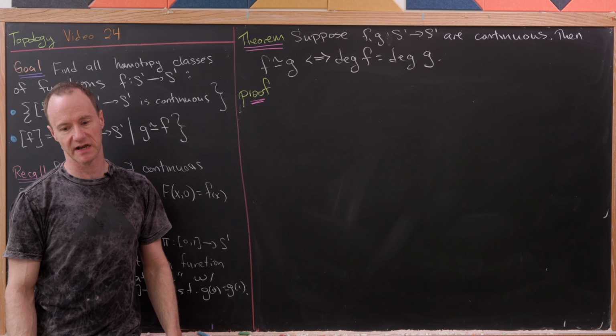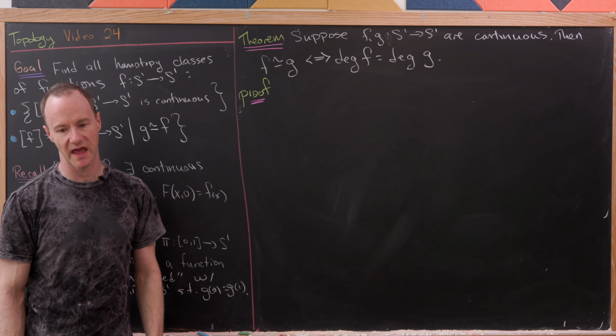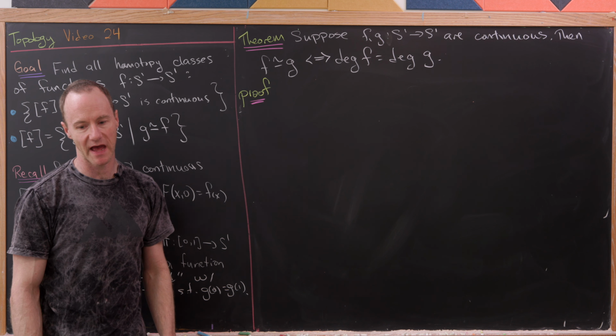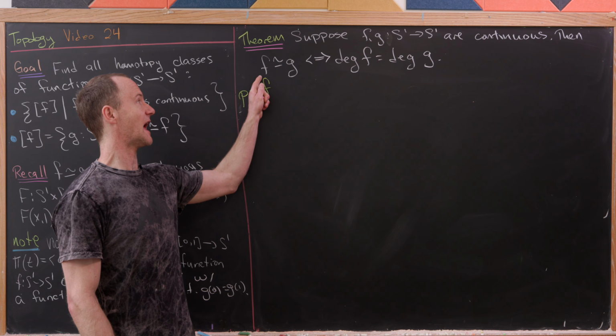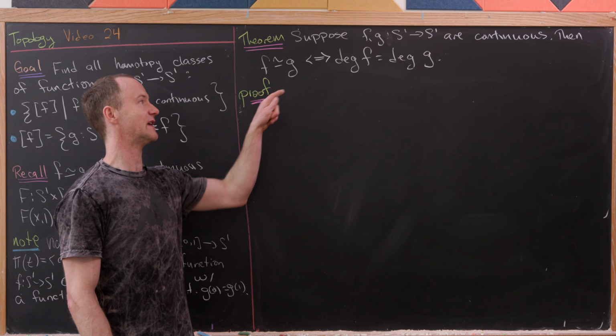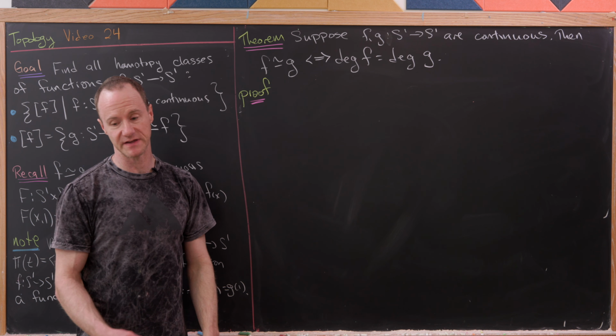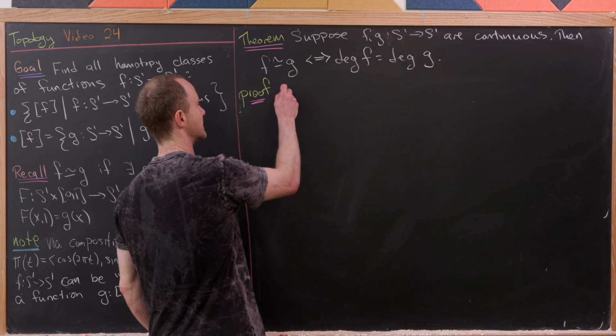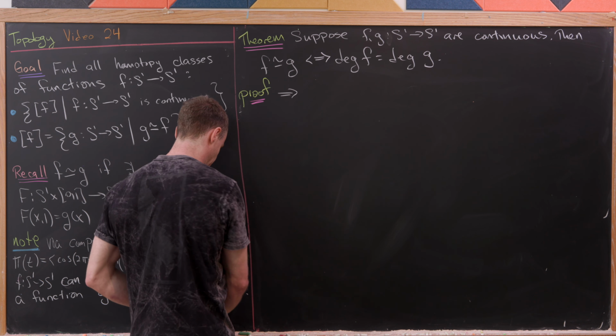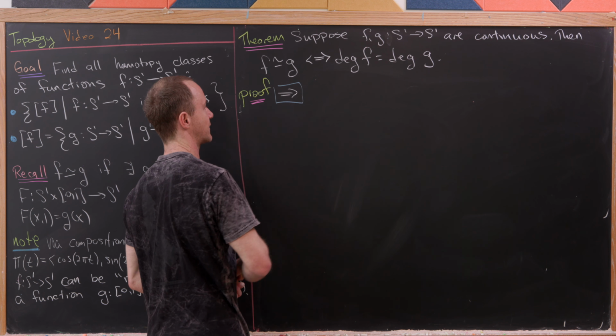So let's suppose we've got continuous functions, we'll call them f and g, and they go from S1 to S1. Then we'll prove that f is homotopic to g if and only if the degree of f is equal to the degree of g. So this is a nice big result. Okay, so let's look at the forward direction first.